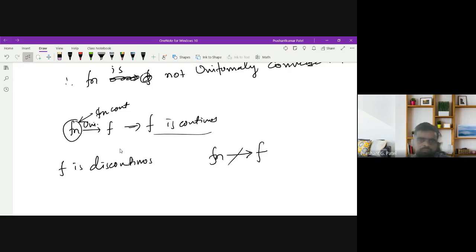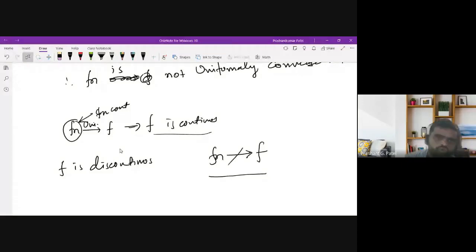So if F is a discontinuous function, then definitely without calculating you can say that Fn converges to F not uniformly. It should converge pointwise only, not uniformly. That is the negation of this result.